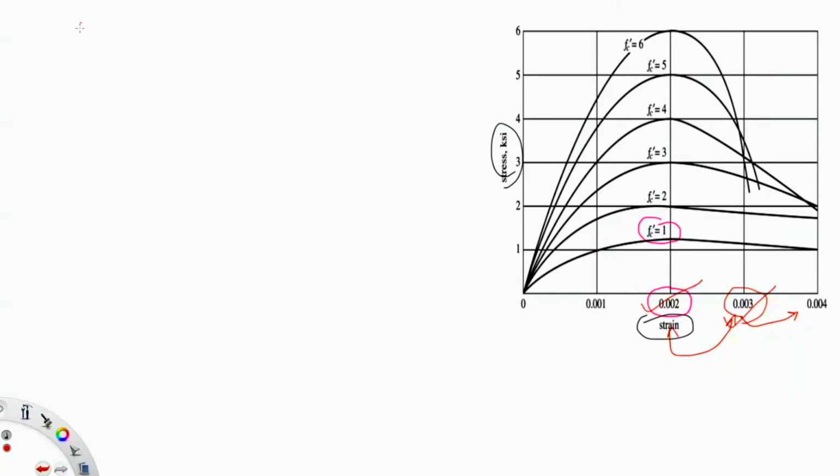Now, the first aspect, as we said, is the stress strain diagram. The slope of the diagram is called the modulus of elasticity, which is symbolized as E, stress over strain. The modulus of elasticity has an equation given by the code. In US customary units, E is equal to 57,000 radical f'c, and the unit will be pounds per square inch.